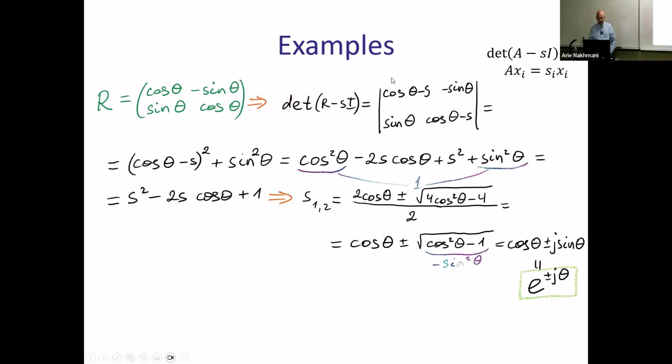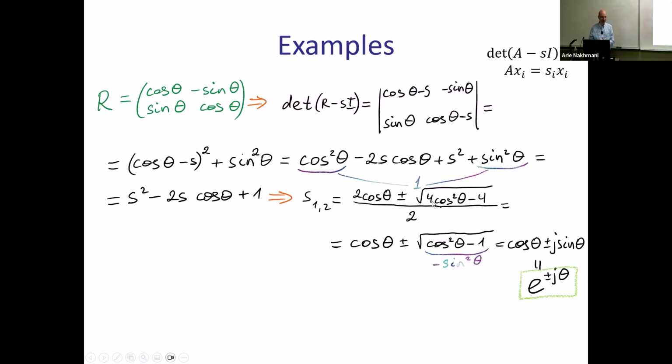So it's this element times this element minus this element times this element. You will get some trigonometry to do here. For example, cosine squared plus sine squared will be 1, if you remember trigonometric identities. So it will be simplified to a quadratic polynomial for a given constant theta.